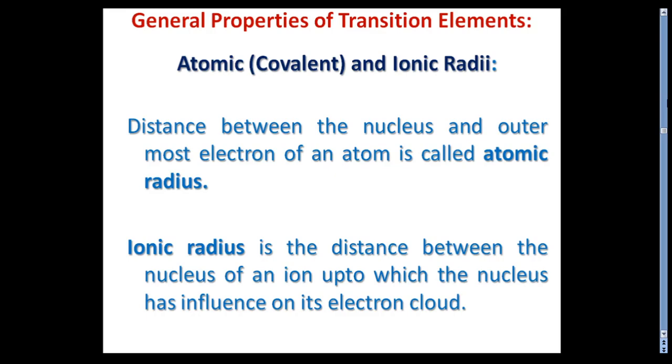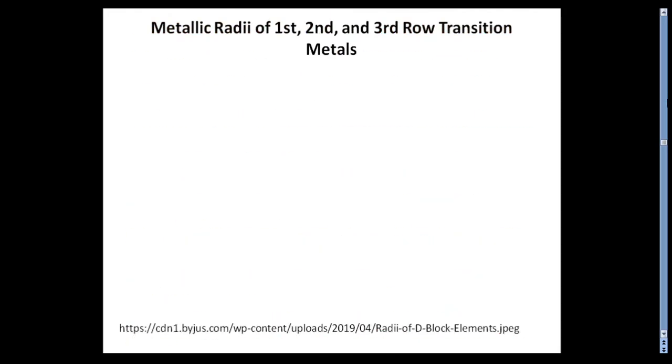Let's see how the atomic and ionic radii vary in the periodic table as far as the transition elements are concerned. The atomic and ionic radii of the 3d series elements are found to decrease when moving from left to right in the period.